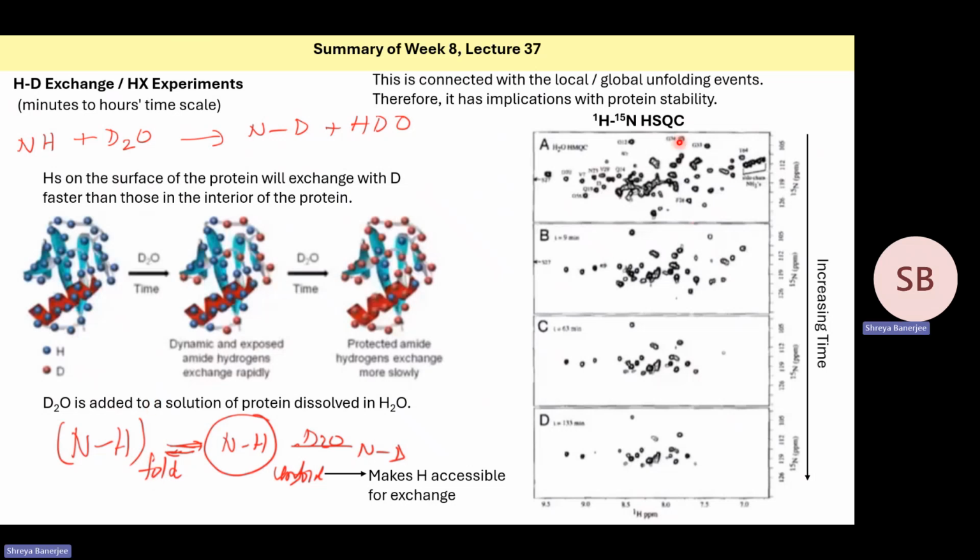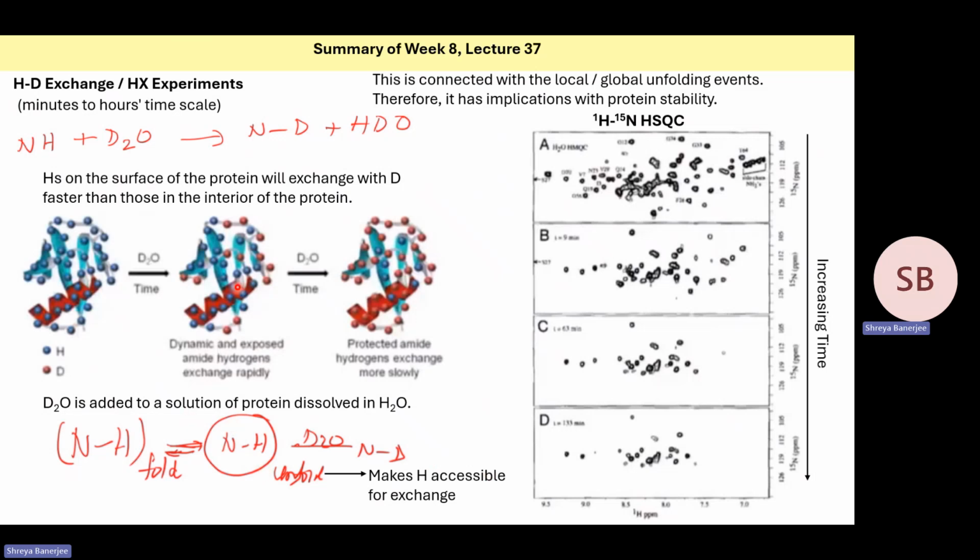In order for this to happen, normally the NH is in the folded state. So this is the folded protein represented by fold. In that case, initially all were hydrogen, these blue balls. Then the folded state is in equilibrium with the unfolded state. When the unfolded state is reached, only then is the hydrogen accessible for exchange, and it exchanges with D2O to become ND.